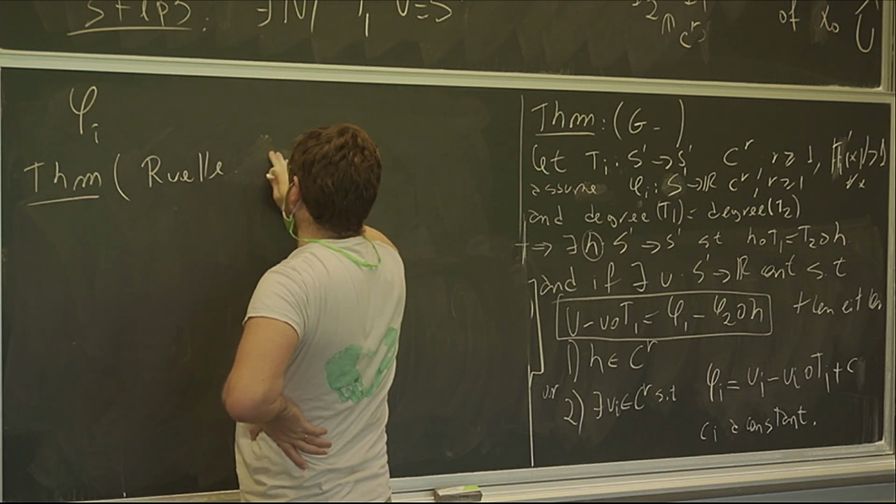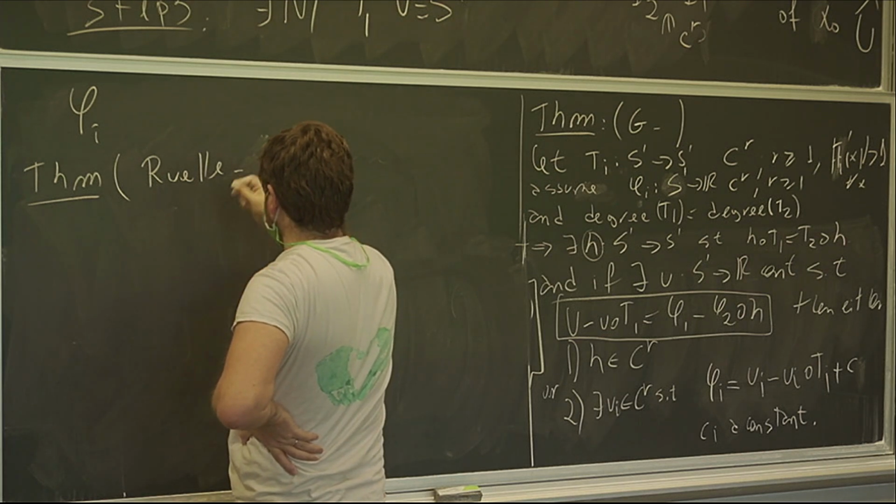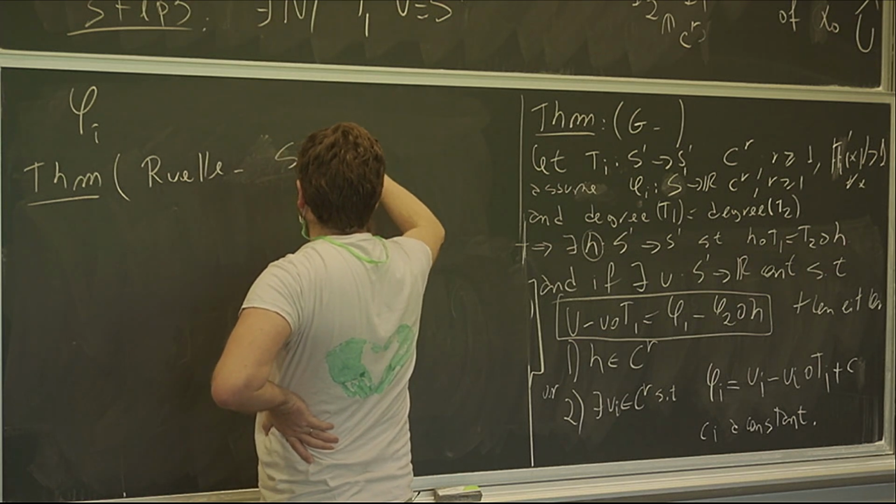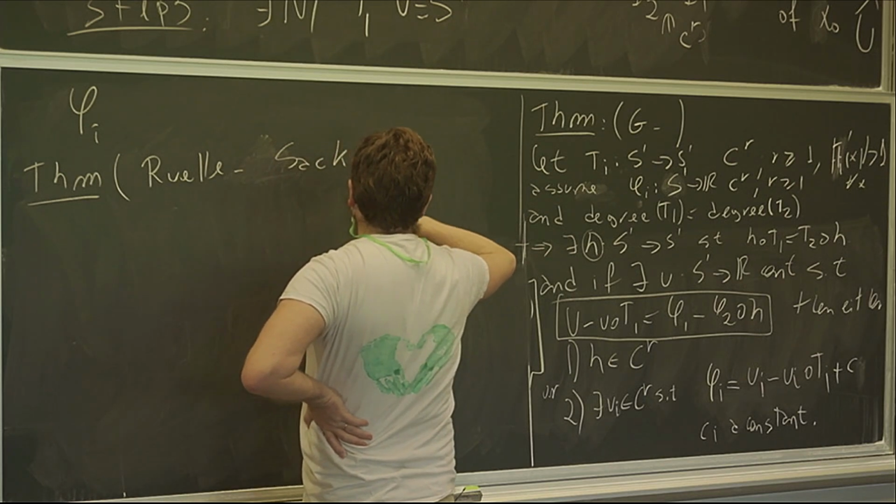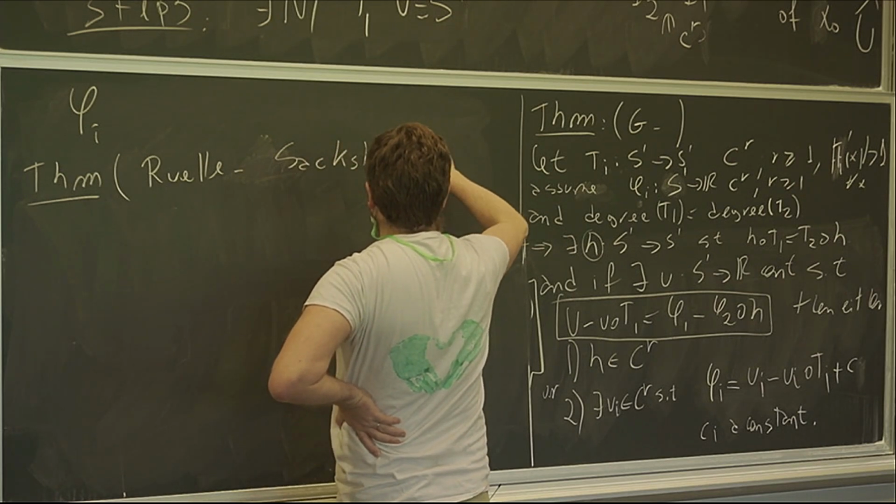Well, actually Perron-Frobenius is the standard one, but this is Ruelle-Sacksteder.